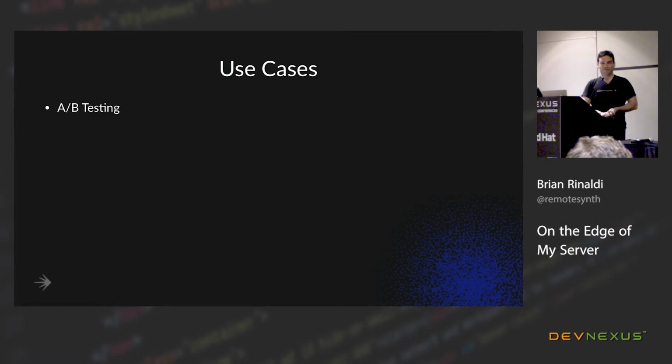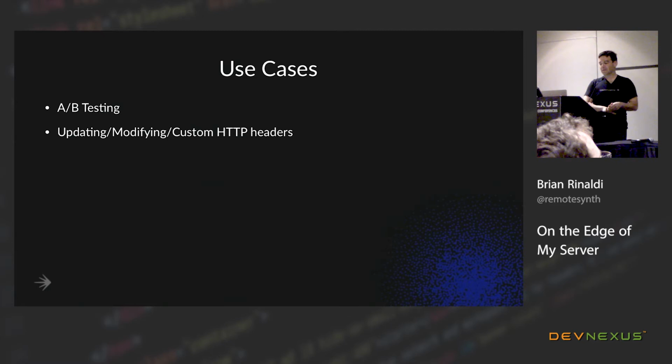You can eliminate that flash of rendering by replacing the A/B test at the edge. You can also update, modify, or add custom HTTP headers. Sometimes you'll check authentication and add some authentication headers or any other HTTP headers you might need.